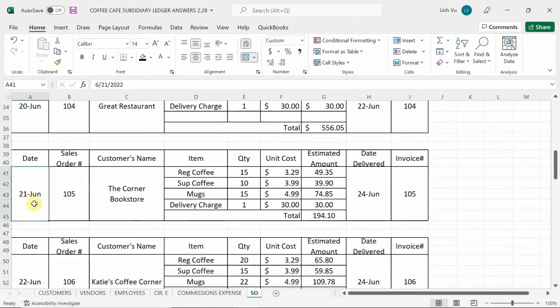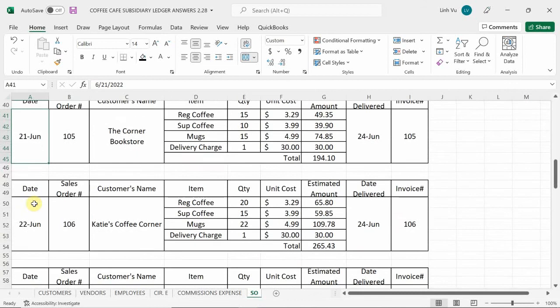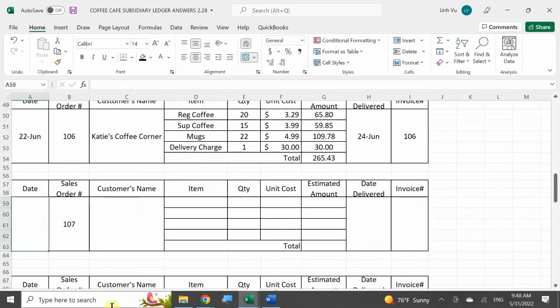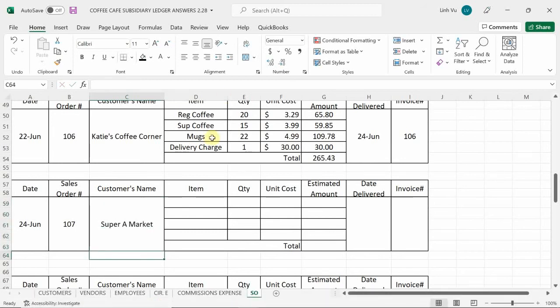Okay. This is sales order number 107. Date is the 24th. Who purchased from us? Super A Market. Okay. What did they order from us?